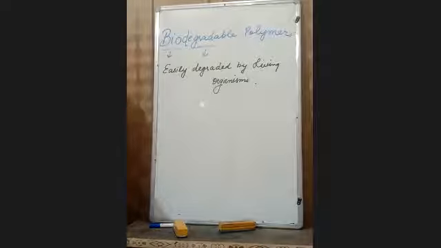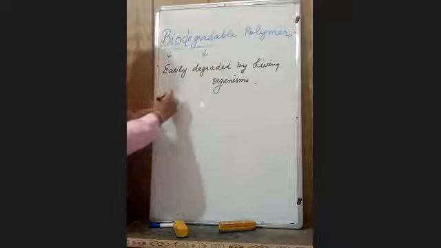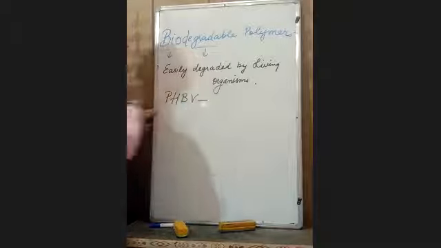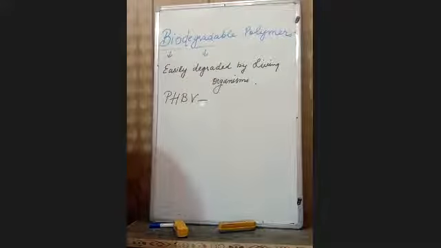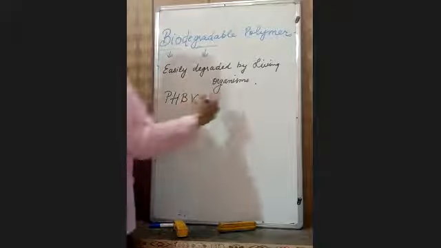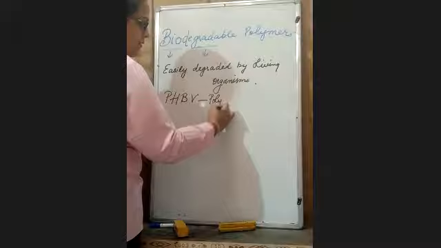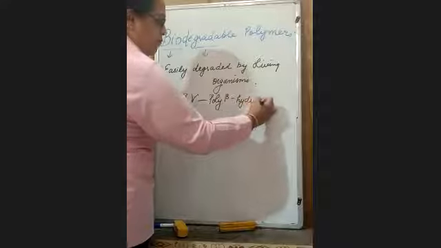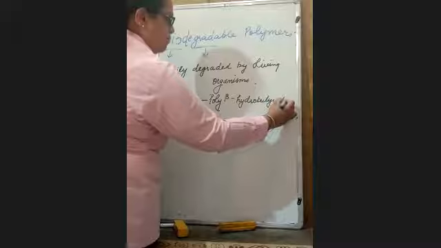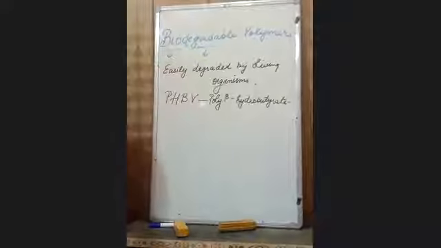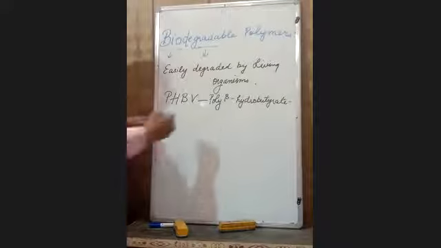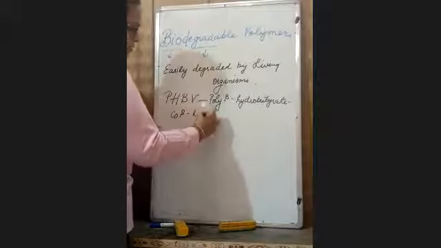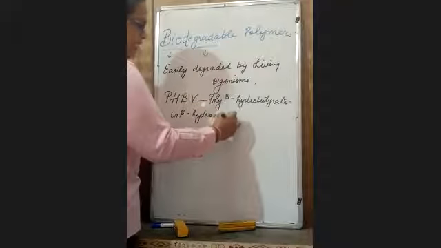The one common biodegradable polymer is PHBV. PHBV name is poly beta hydroxy butyrate co beta hydroxy valerate.